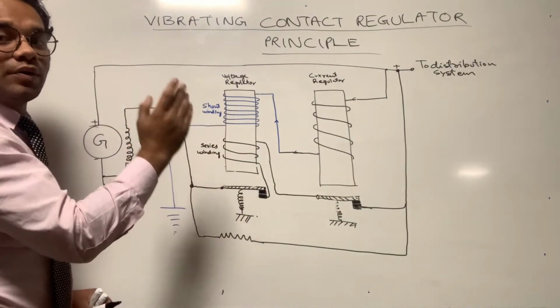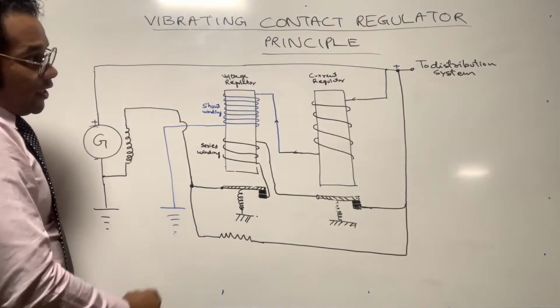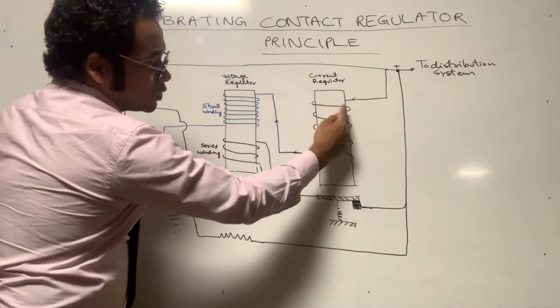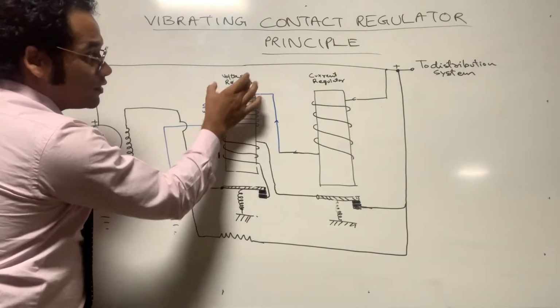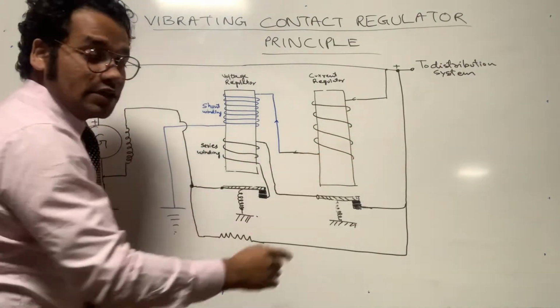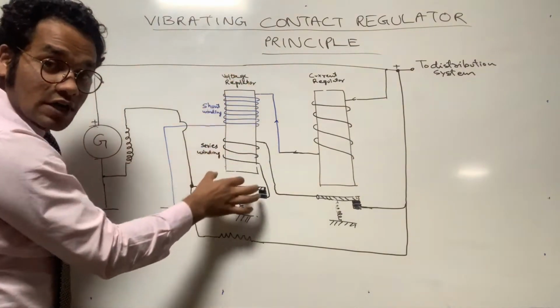How does it open and how does it close? We'll discuss when I explain the principle. Okay, next, what else have we discussed? We have discussed that the current regulator's winding is connected in series with the shunt winding of the voltage regulator. Right, I repeat again, the winding of the current regulator is connected in series with the shunt winding of the voltage regulator.